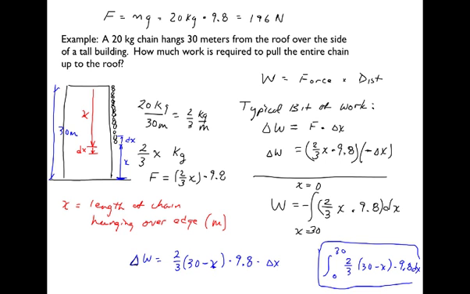When you've pulled all 30, you have a force of 0. So this x is now the length of chain pulled. And then you can integrate from 0 to 30, and it's all positive, because your dx is now in the same direction as x.